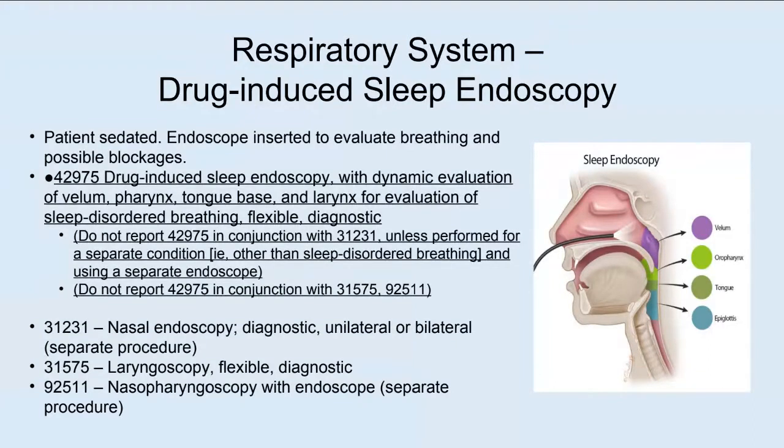So these are other endoscopies that it's referring to. 31231 is a nasal endoscopy. 31575 is a laryngoscopy. 92511 is a nasopharyngoscopy with endoscope, separate procedure. So you're not going to report 42975 with these codes, unless the 31231, maybe if it's for a completely different reason.